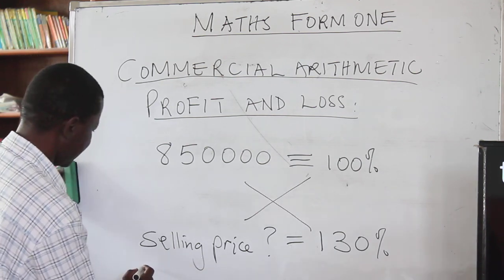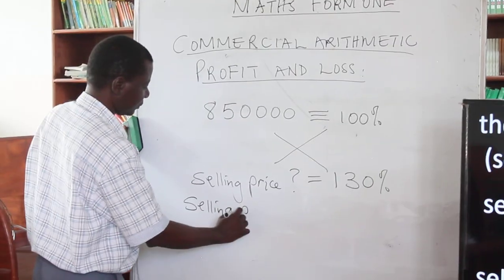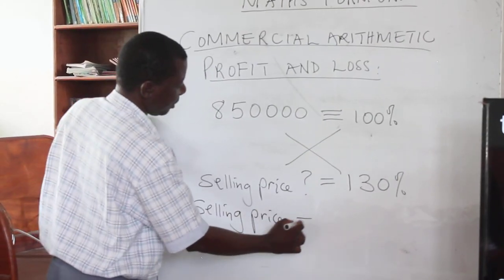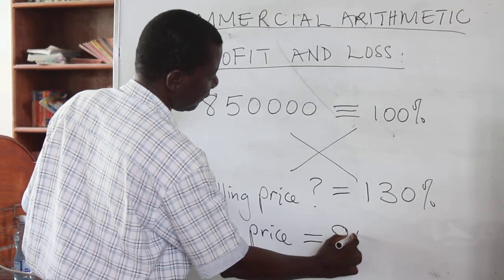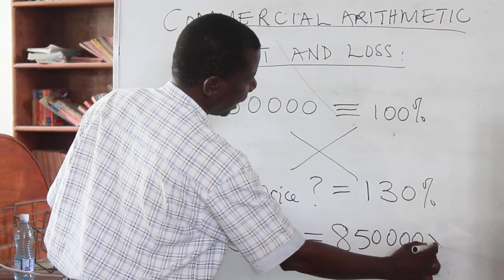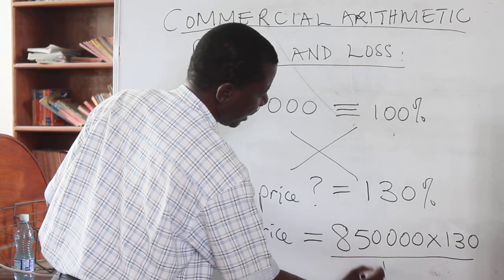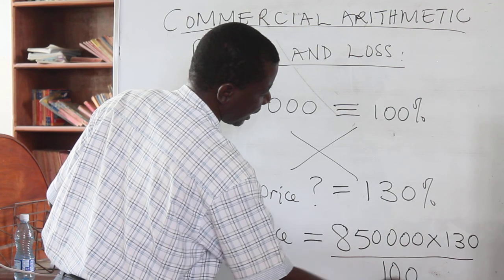So the selling price will be 850,000 multiplied by 130% divided by 100%.